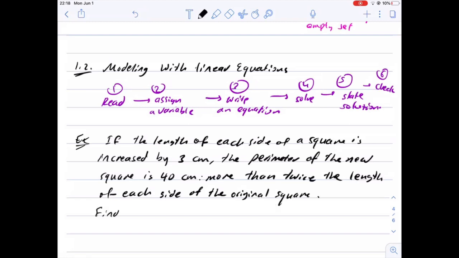The question is, find the dimensions of the original square.